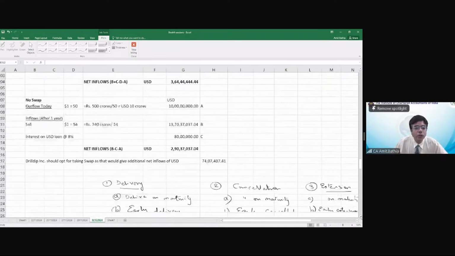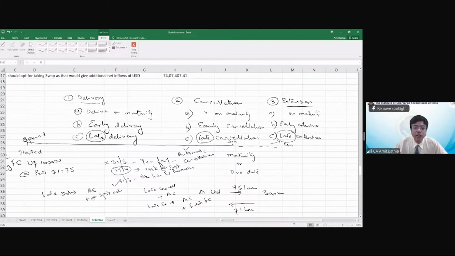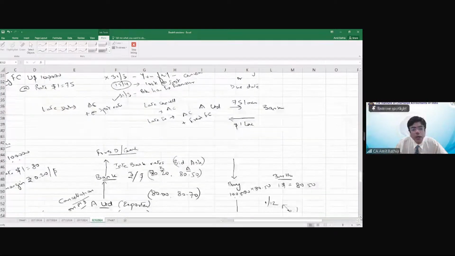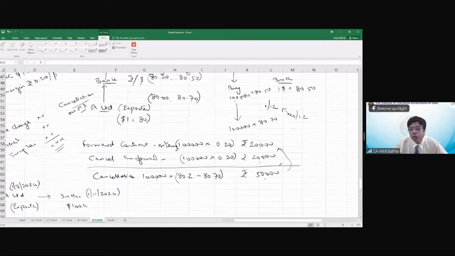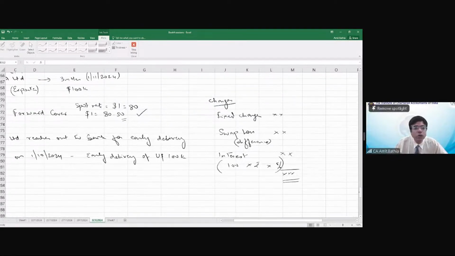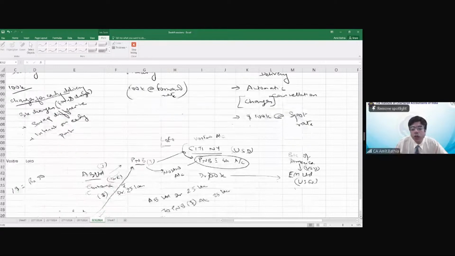Then we also introduced the concept of forward contract termination. How does it get concluded? It is by delivery, by cancellation, by extension, and there are three options in that. We have dealt with the concept today; practical questions will be done in the next lecture. And then we also covered today the concept of vostro, nostro, and Loro account.